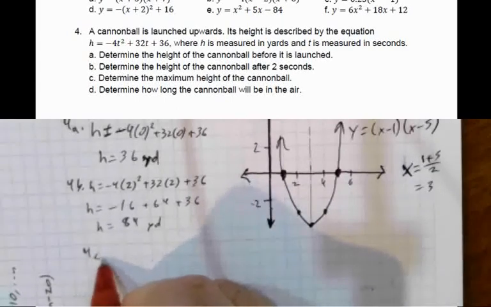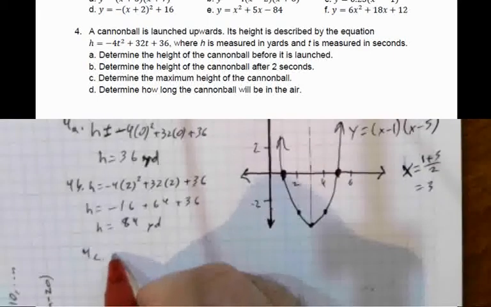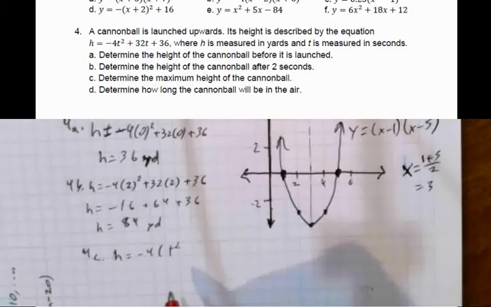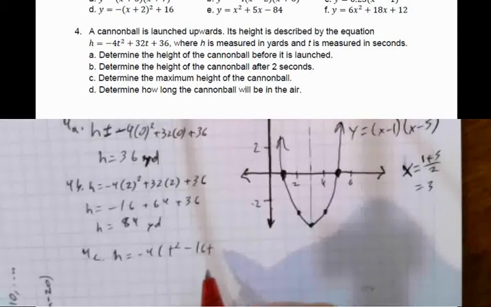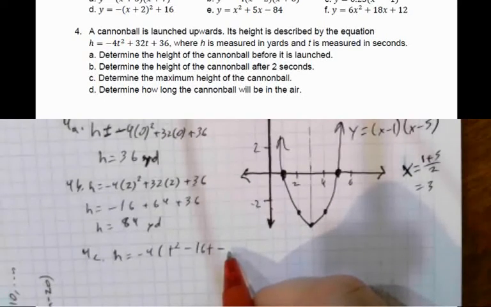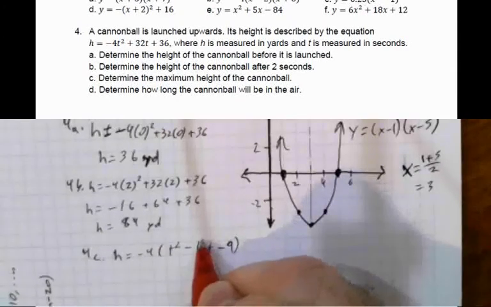For 4C, determine the maximum height of the cannonball. So in this case, we need to factor to figure out what our vertex is. And minus 36 would be negative 9, I believe. I think I did 32 wrong. 32 is actually minus 8.